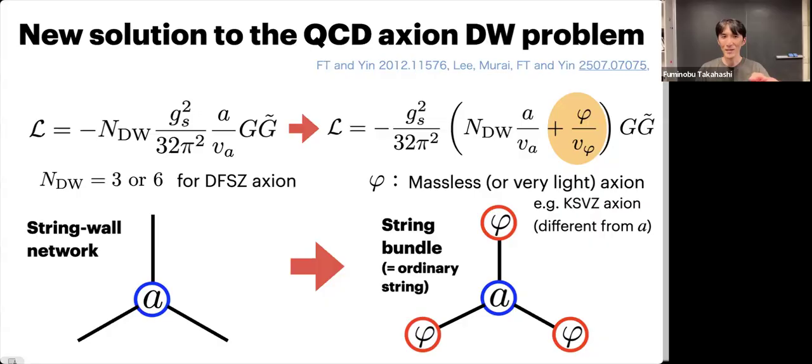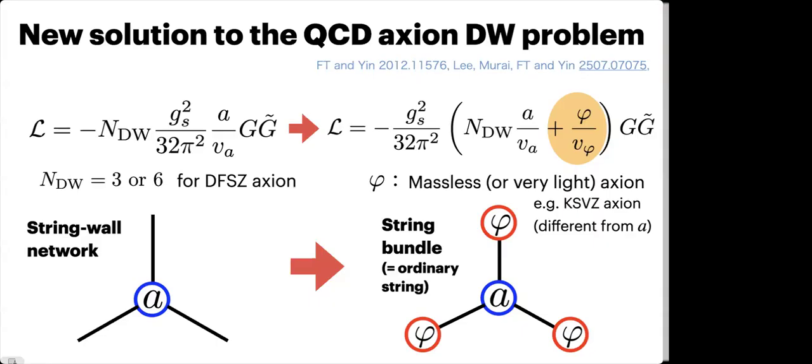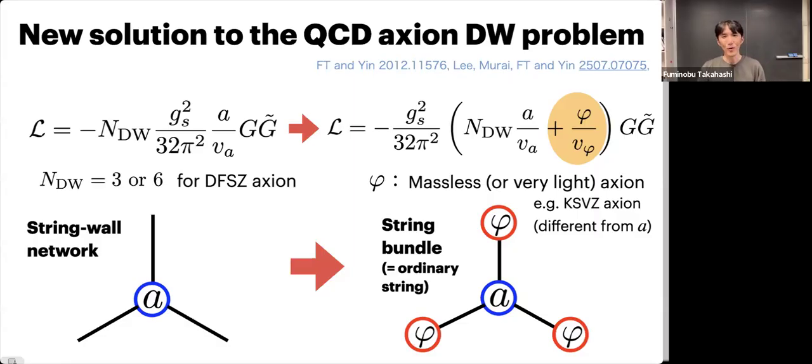The problem is that if you consider the DFSZ axion, the domain wall number is known to be 3 or 6. I see. So this one is to solve the domain wall problem in the DFSZ scenario. Yeah, for instance.